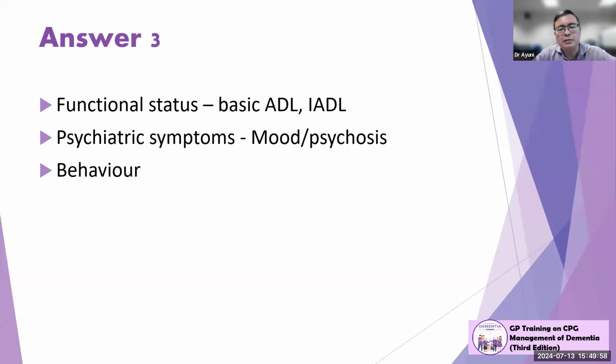Things like mentioned by Dr. Tay earlier, like cooking, driving, using money, going to the bank to withdraw money, using a device like a phone, right? Operating a simple electric device like a TV using a remote control.